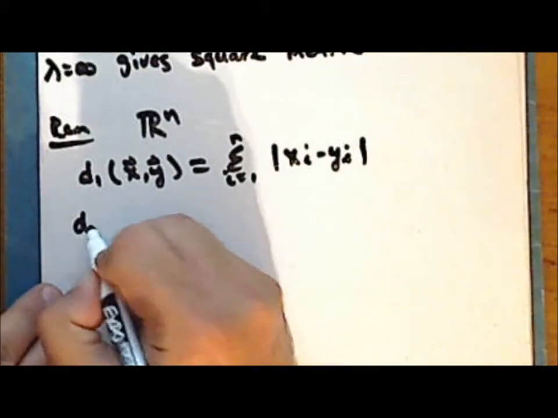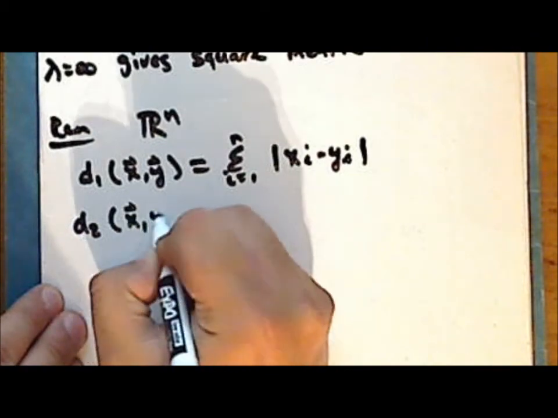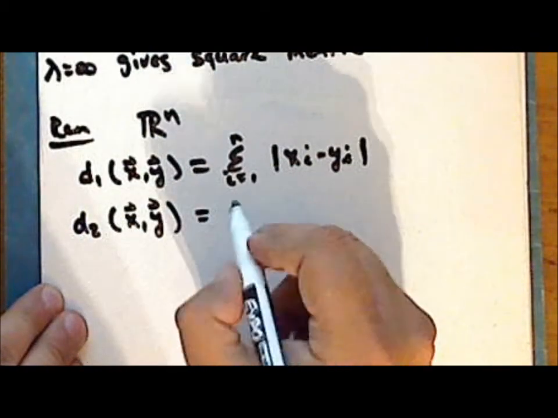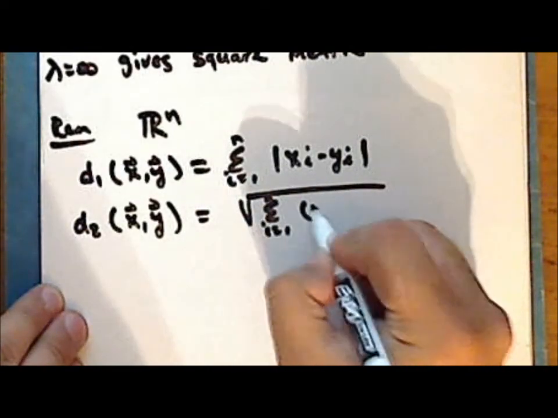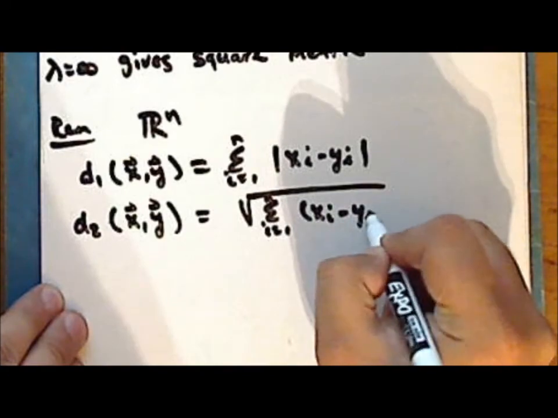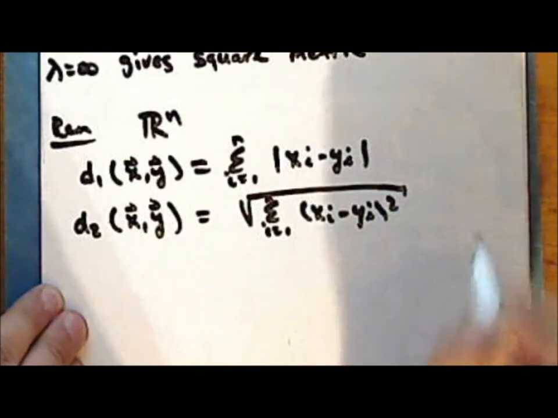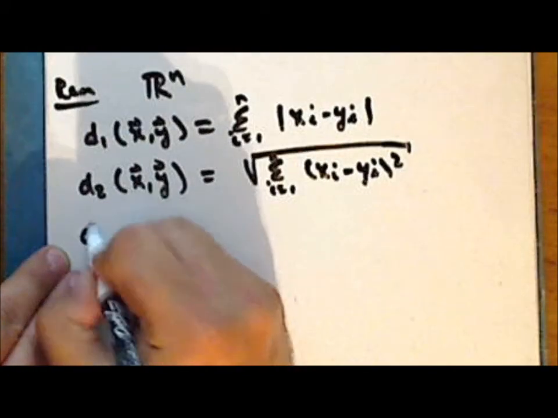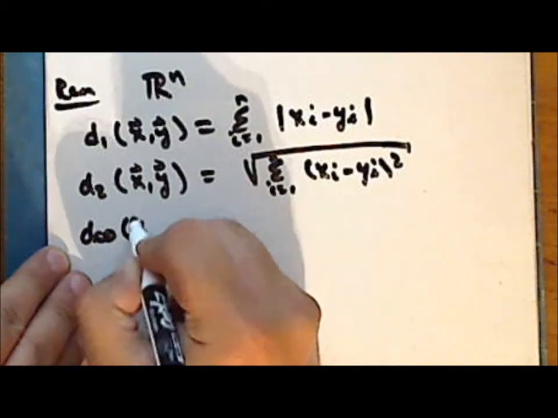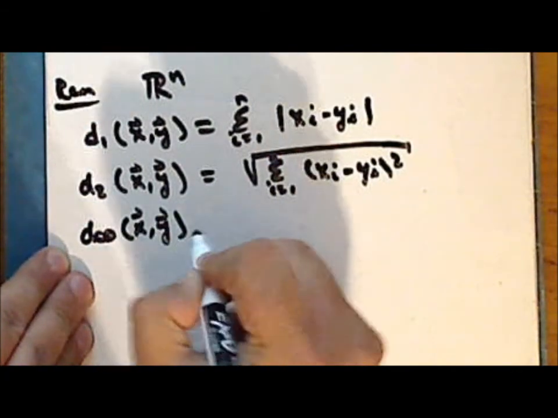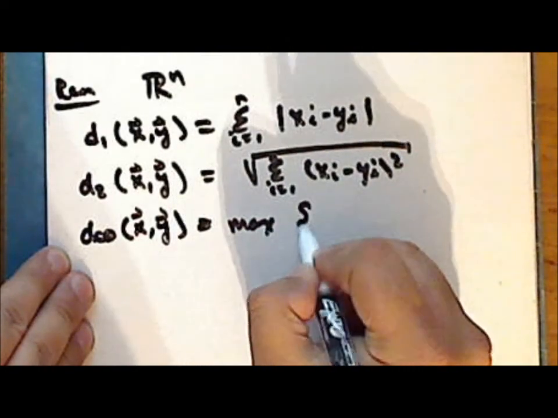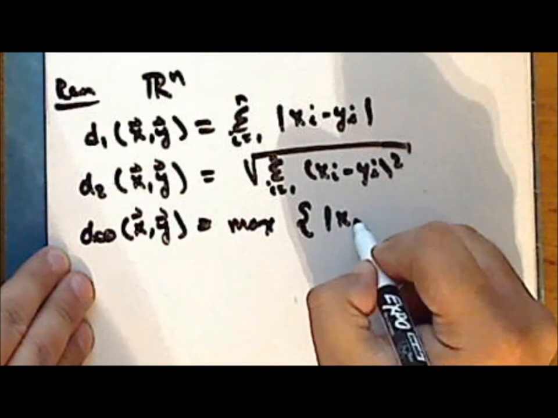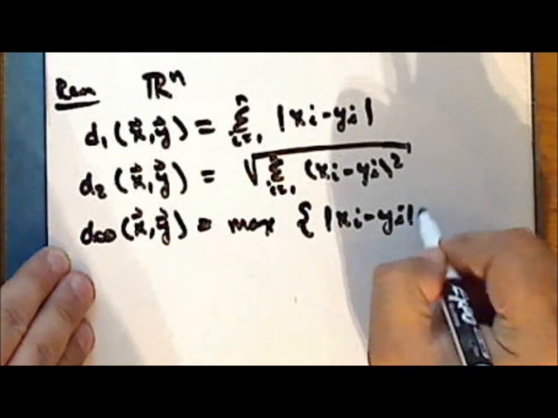The Euclidean metric is the square root of the sum of the square of the differences in the components. And the square metric is the largest of the absolute value of the difference of the components.